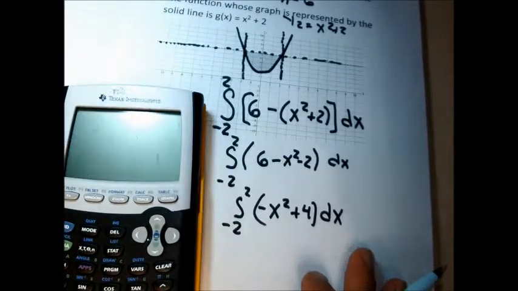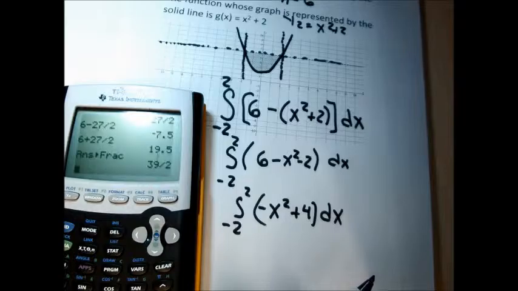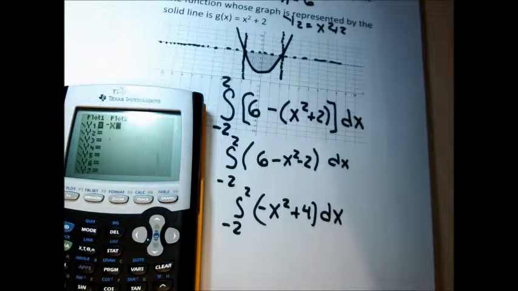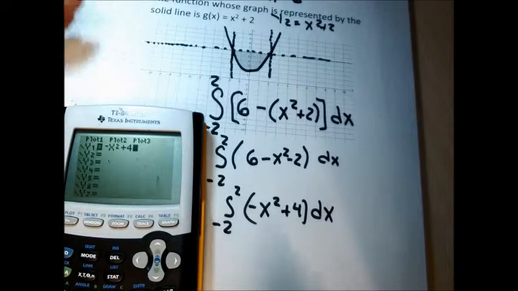So to do problem 2, I'm going to hit y equals, clear out the junk that's in there, and do -x squared plus 4 for my graph. And then it's not going to look like this so much, but it's okay.